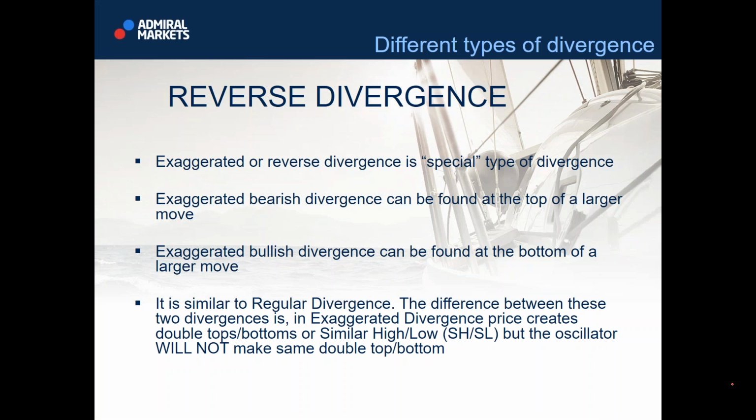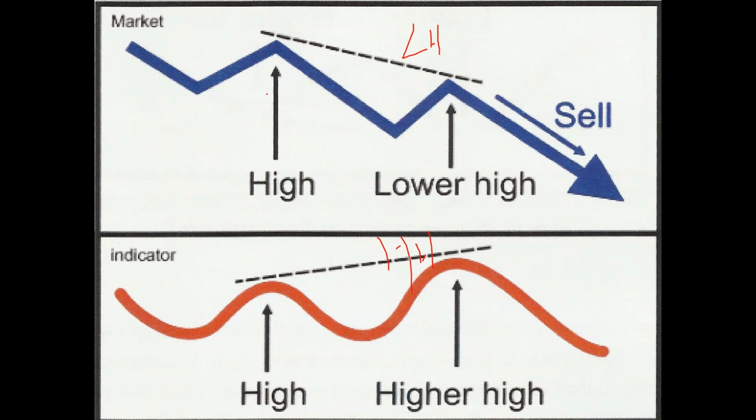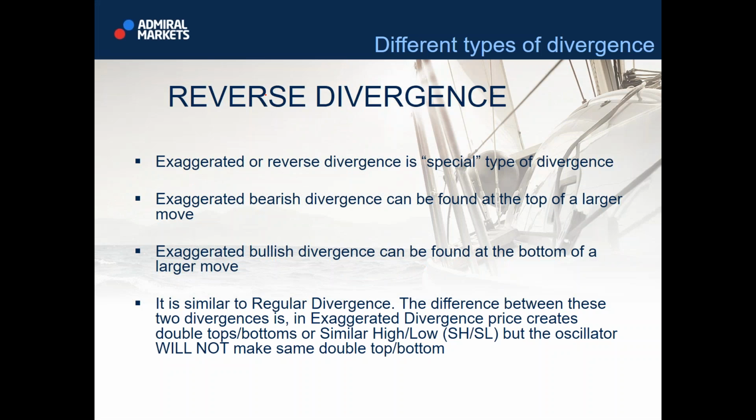Now, exaggerated or reverse divergence. It's a special type of divergence. You need to know about this, of course, but as I say, focus more on hidden and regular. But know also about reverse, or as I call it, exaggerated divergence.